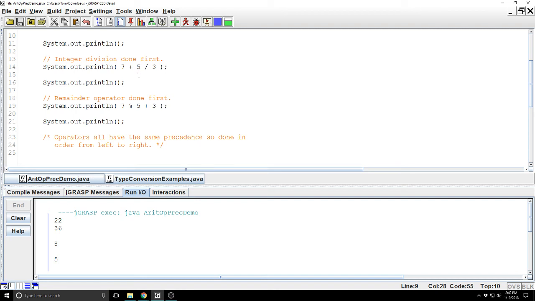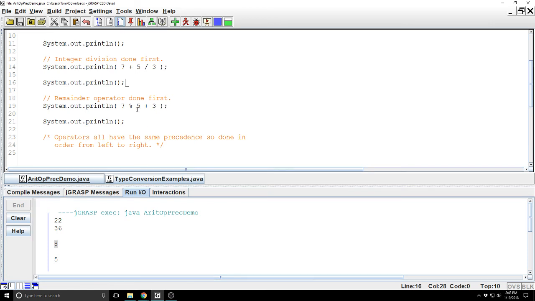In this case, it's integer division, and I can tell that because there's no point zero on either of these two things. 5 divided by 3 will be 1 point something, but because this is integer division, it just chops the decimal places off. So 5 divided by 3 comes out to be 1. And then 1 plus 7 will be 8. That's the 8 I get there.